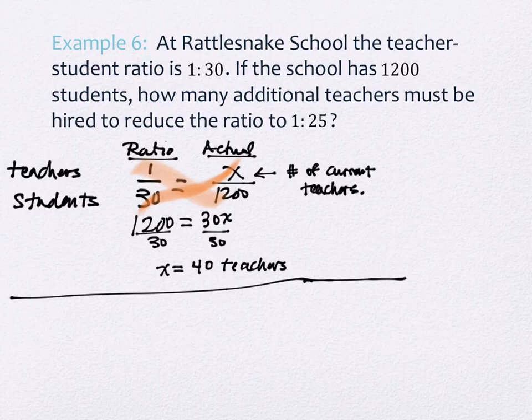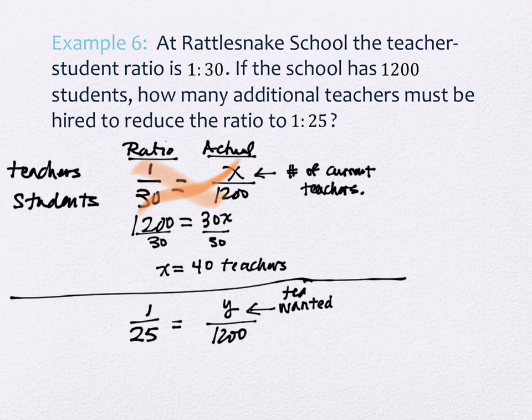So what I want is a 1 to 25 ratio with my 1,200 students. Number of students didn't change. I'm going to use y, just another letter, because this number is how many teachers I want. The total, not the new ones, but the total that I want when I'm done.